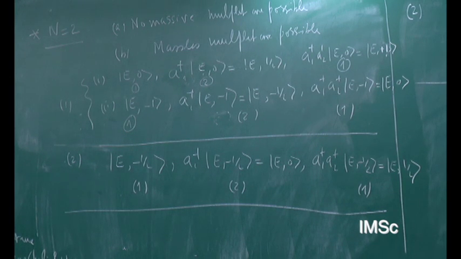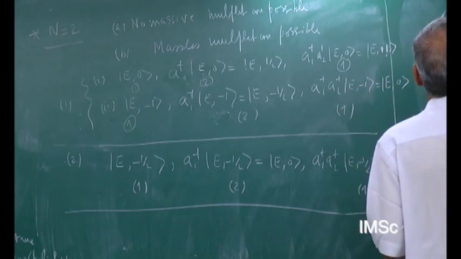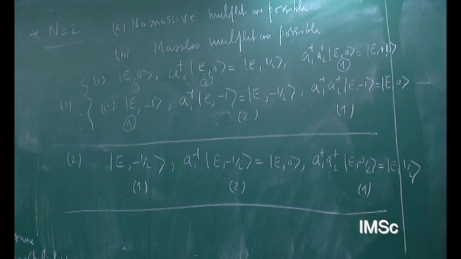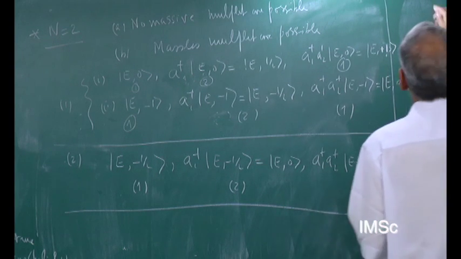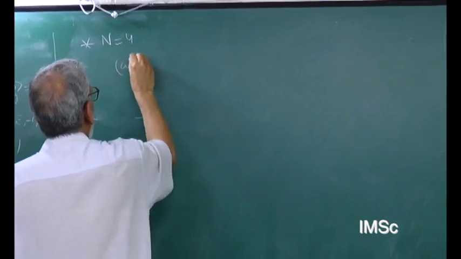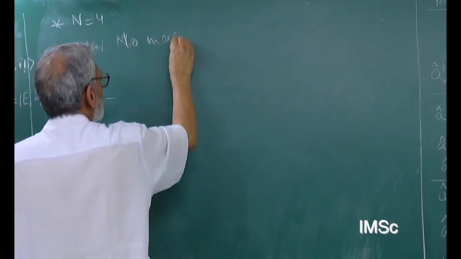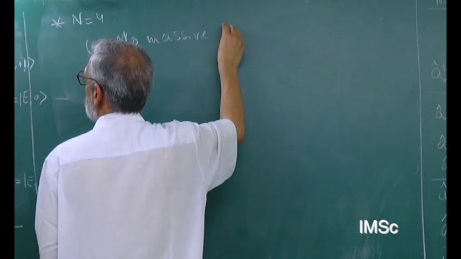And have I written it down somewhere? I think we constructed that. Is it still there? Yes, it's there. So no massive multiplet.